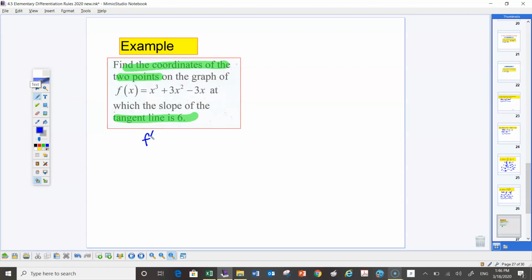So the first thing I'm going to do is take the derivative of my function, which is 3x squared plus 6x subtract 3. And now, since I'm looking for coordinates, I'm going to be solving for x. So I must know what f prime is, and f prime is my slope, and the slope is given to me as 6. So I replace f prime with 6.